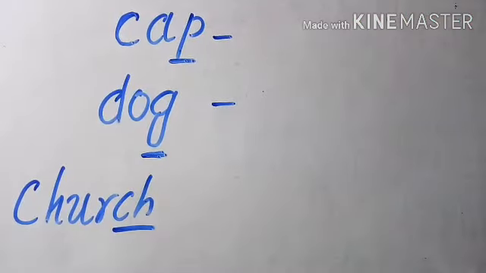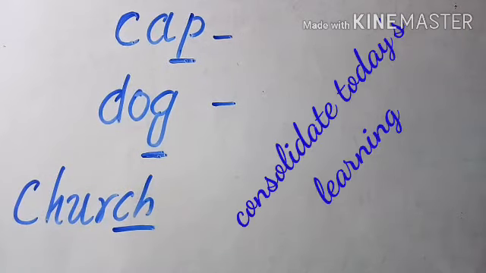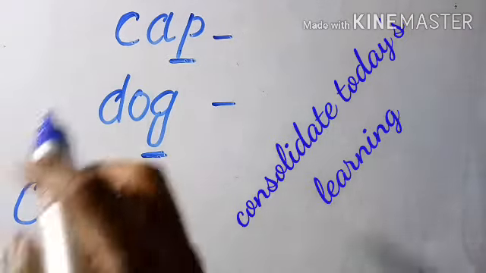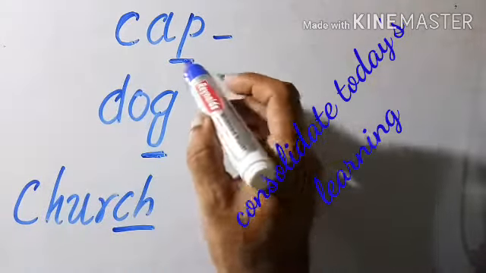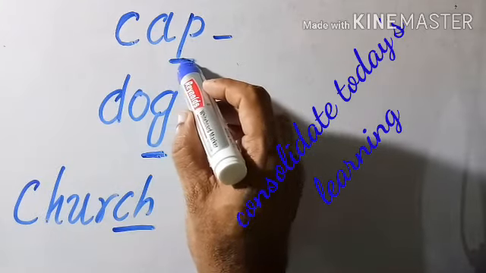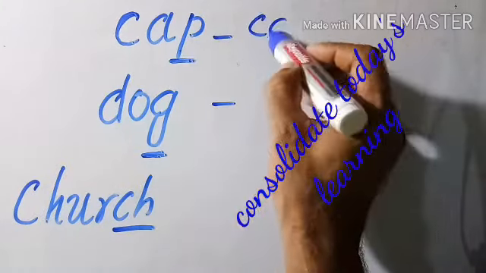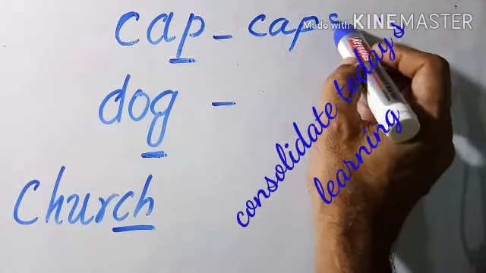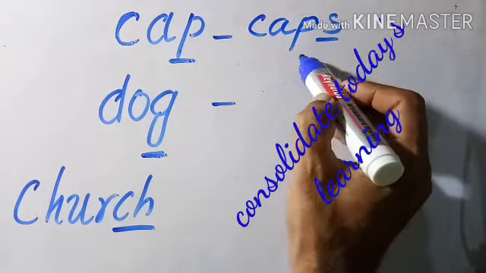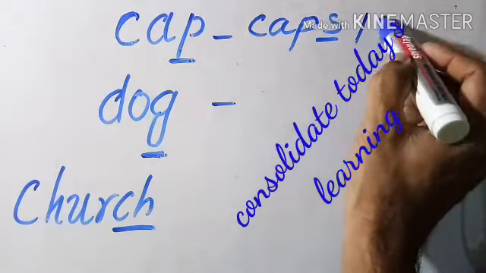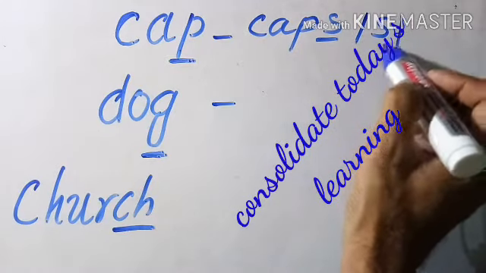Let us have a consolidation of all the things that we have learned just now related to the sounds of the plurals. Here we have a word cap. The final sound is p. This is a voiceless sound. When a voiceless sound has the plural form s or es, it becomes s, caps.